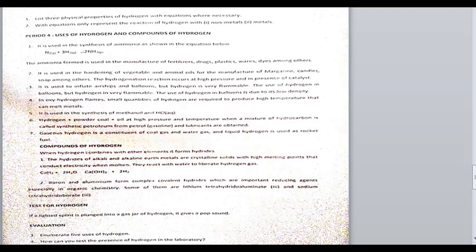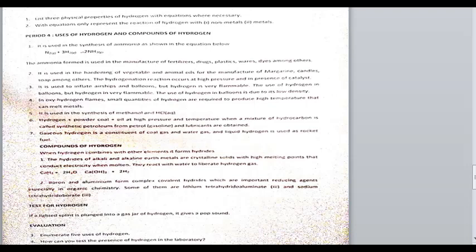Then we also have hydrogen being used in hardening of oil. It is used in hardening of vegetable or animal oils. That is in production of some substances like margarine and the rest.